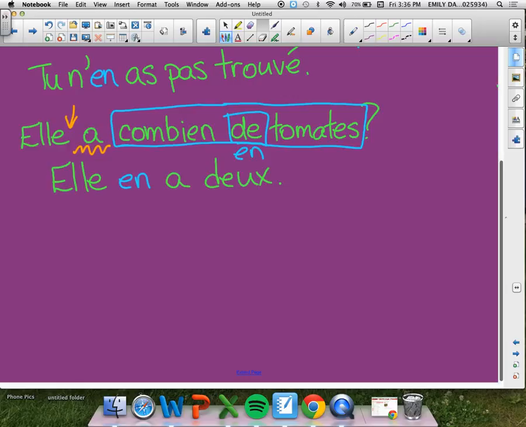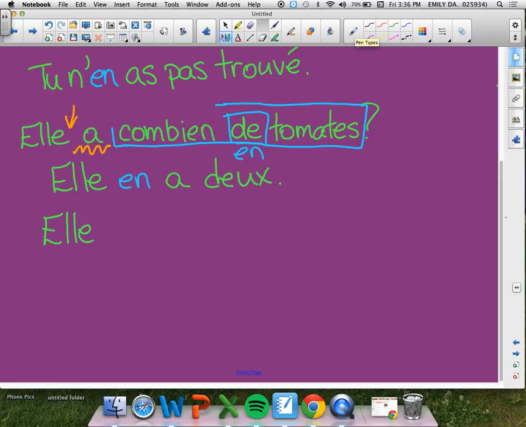Now, if we wanted to rewrite this question without answering it, then we're going to look at it a little differently. Let me use a smaller eraser here. Didn't work so well. All right, so if we wanted to rewrite the question like we have been doing, it would look like this.